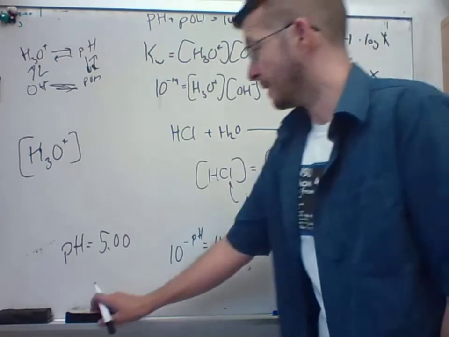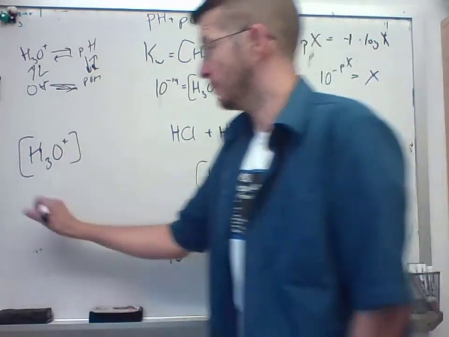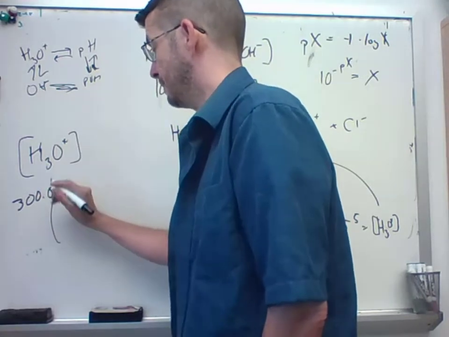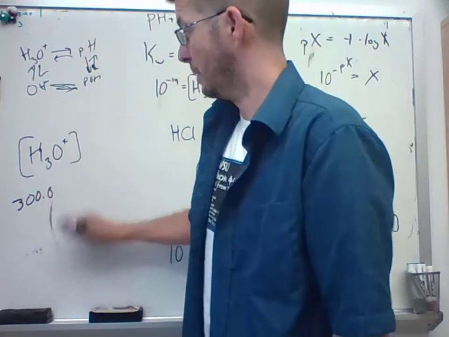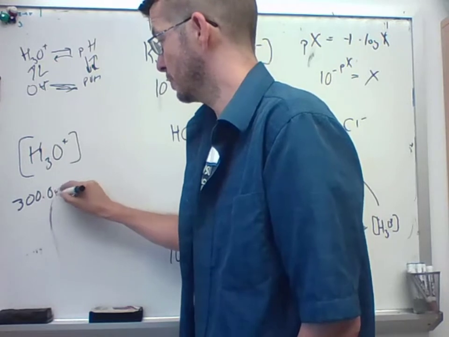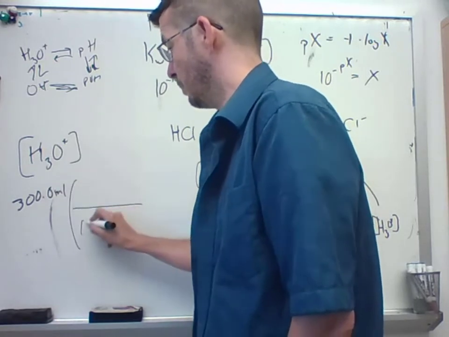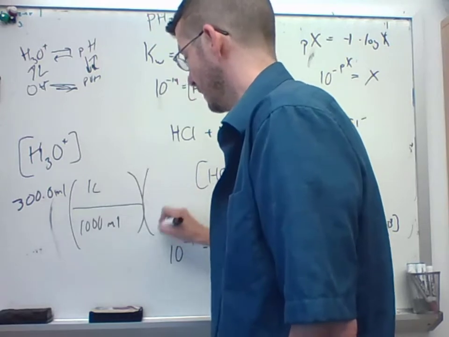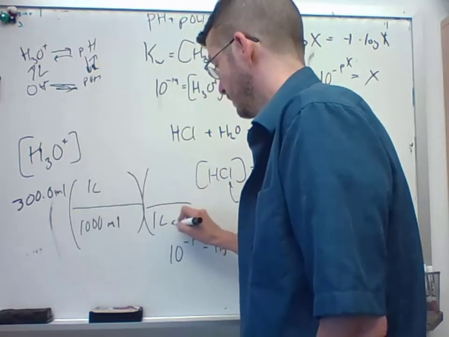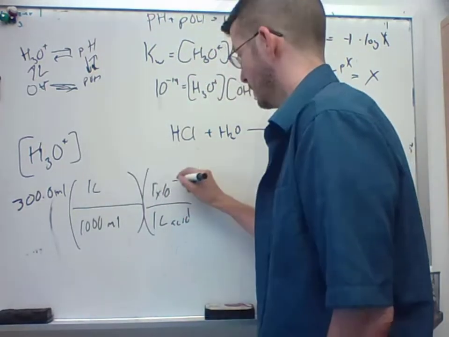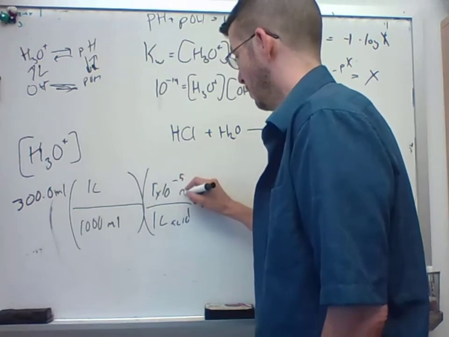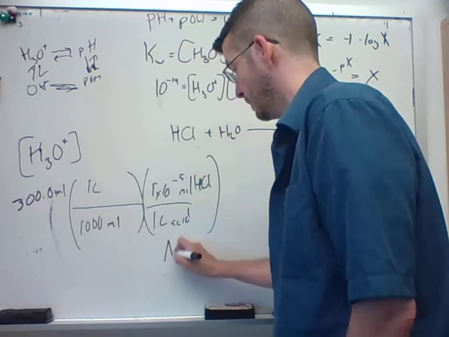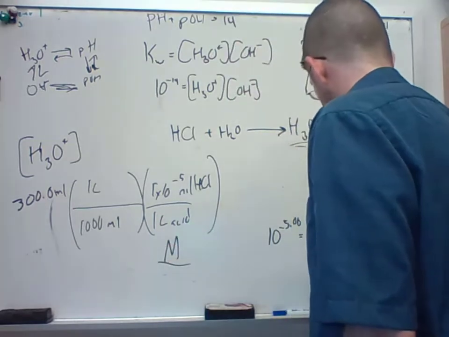So once we have that concentration, we know that for a 300 mL solution of the acid, for every 1,000 mL, that is 1 liter, we have 10 to the -5th moles of HCl. Again, this is just our molarity statement that we just figured out.